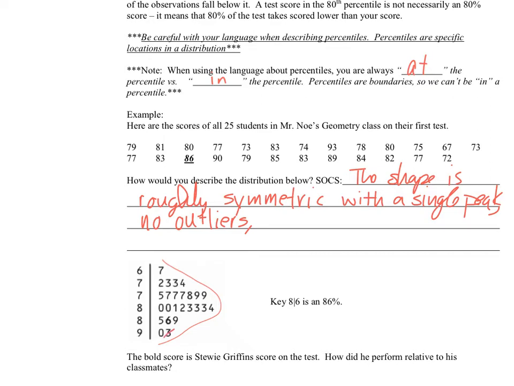Let's talk about the center. If we start crossing these out, we'll slowly get there to the center. It looks like it's going to fall right in that middle. Yep, it's going to fall right at 80. So the center is 80 points.